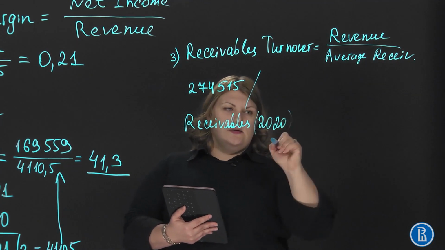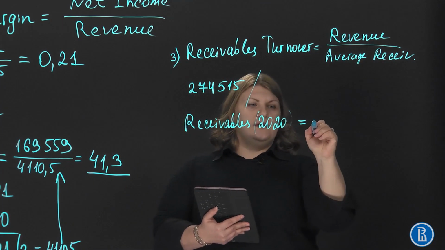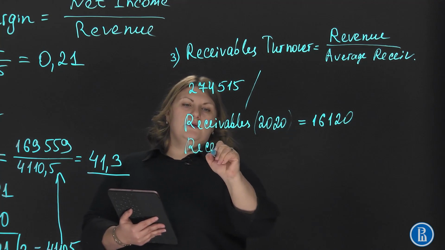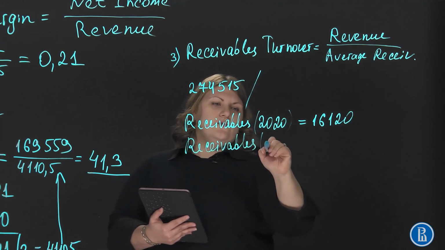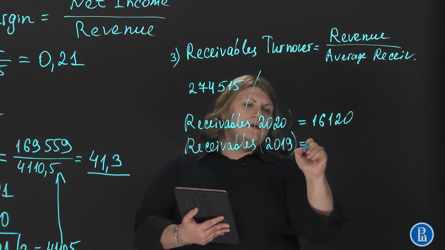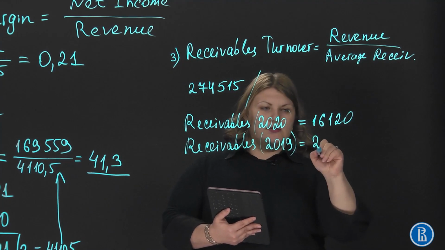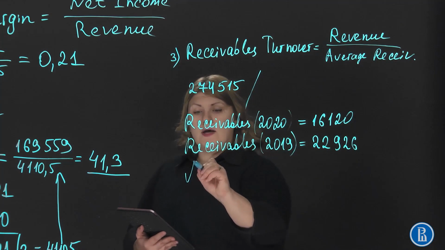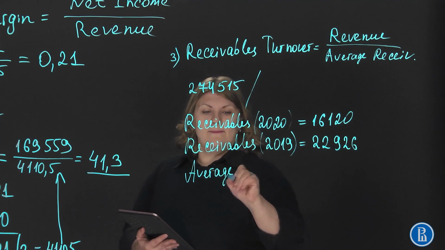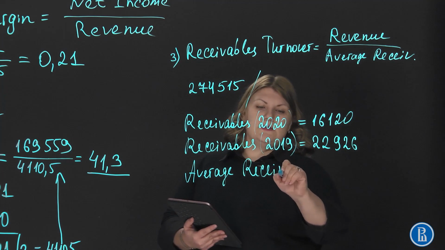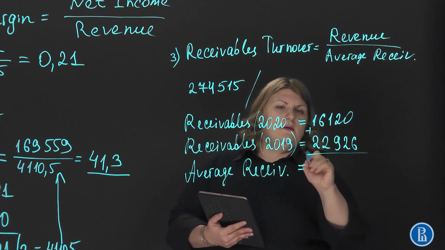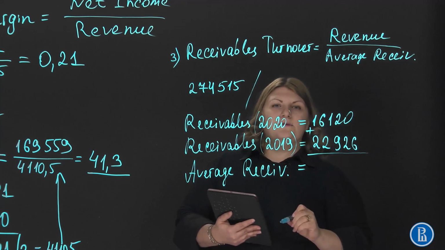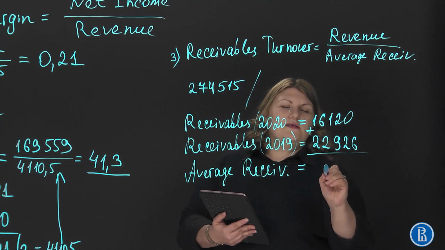in 2020, which was reported as 16,120, and receivables of 2019, which was reported as 22,926. Now we are looking for average figure here, and average receivables can be calculated as the sum of these two figures divided over 2.